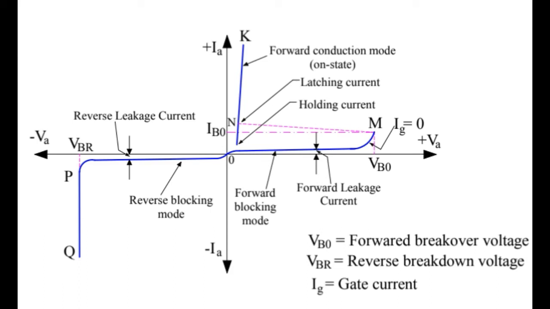That is the minimum current required to turn on the thyristor. Then in order to turn off the thyristor, we have to reduce the anode cathode voltage. The minimum current to keep the thyristor in on position is called holding current. Always latching current should be greater than the holding current. If you observe this graph, you can easily understand that.